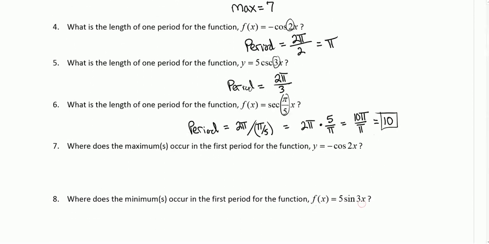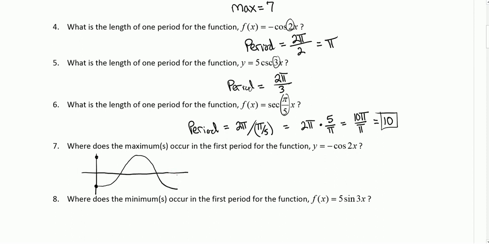Number 7, where does the maximum or maximums occur in the first period for the function y equals negative cosine 2x? So I'm going to plot this. The cosine function starts high, usually at a height of 1, but this has a negative sign, so it's flipped over, so it's going to start low and end low.